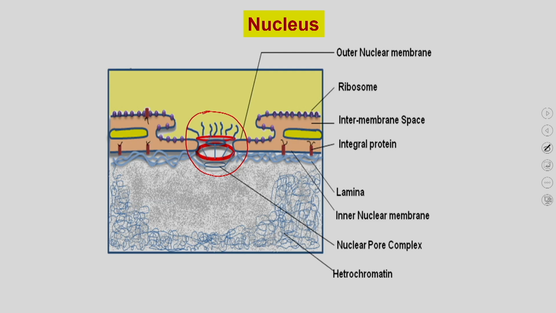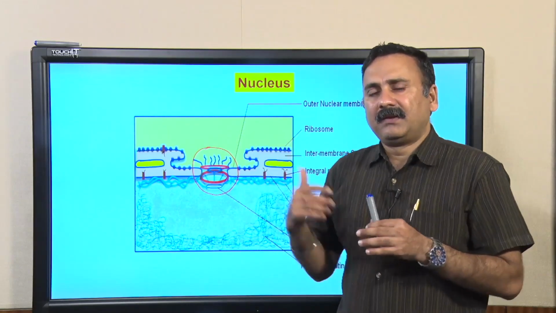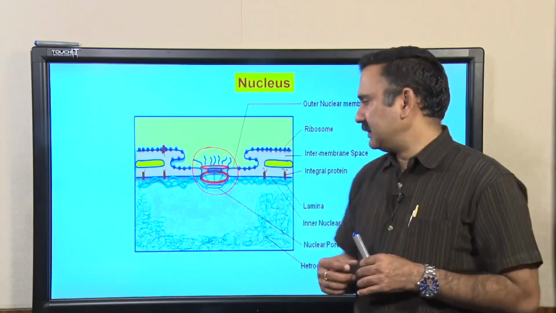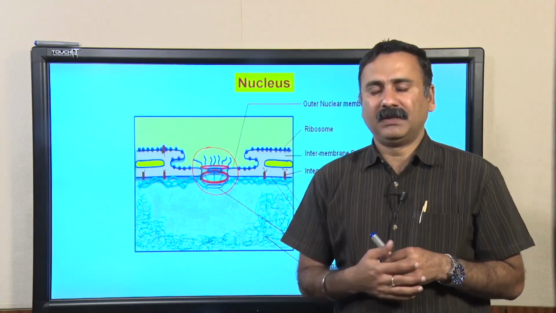It can allow the entry or exit of RNA as well as other bigger proteinaceous molecules. It can allow the entry and exit of different types of transcription factors and so on, but all this is very selective within the cell.